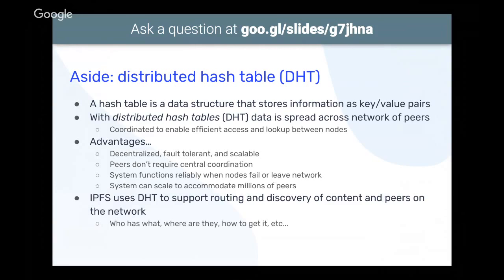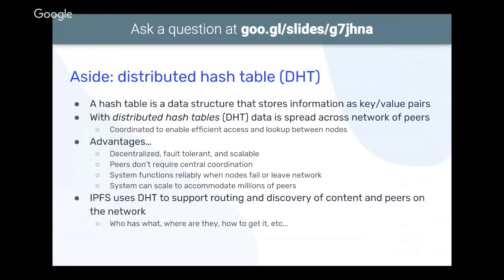So think of something like a Python dictionary or a JavaScript object or a document-based database of some kind. Similarly, a distributed hash table, or DHT, is a hash table where the data is spread across a network of nodes or peers. And all these peers are connected or coordinated to enable efficient access and lookup between those nodes.